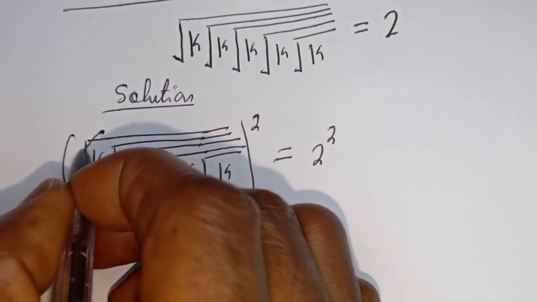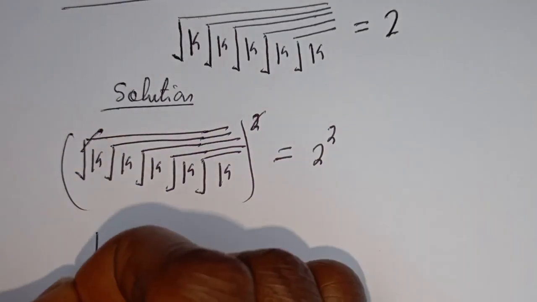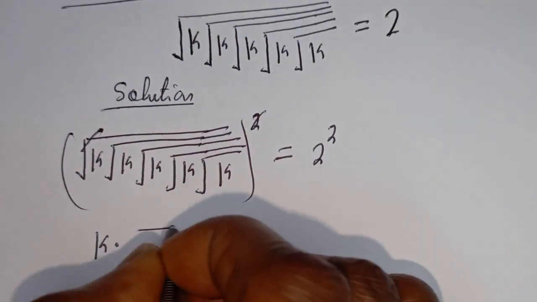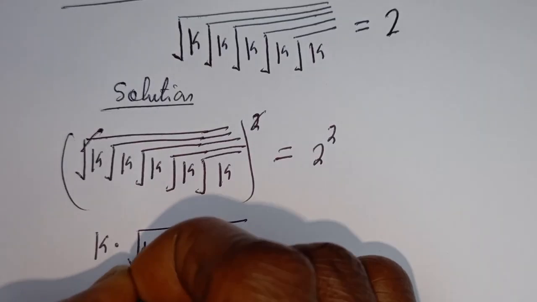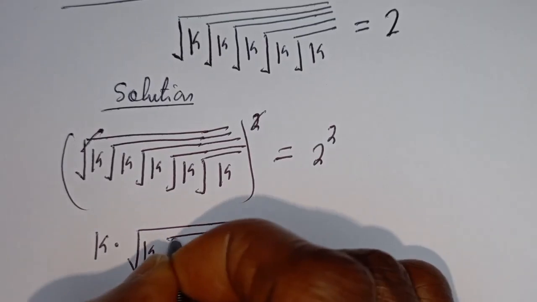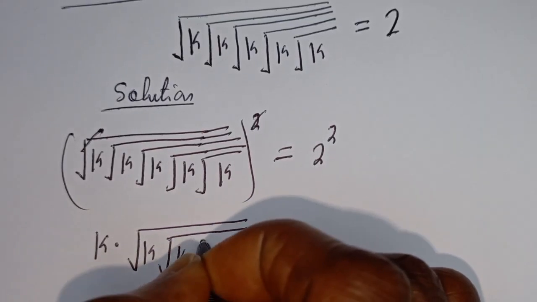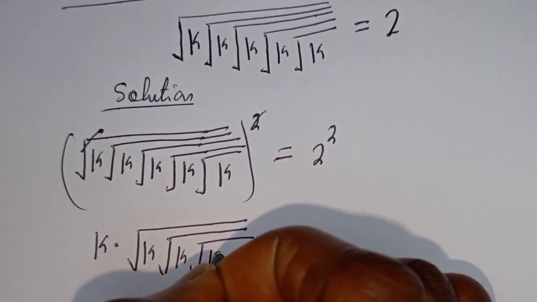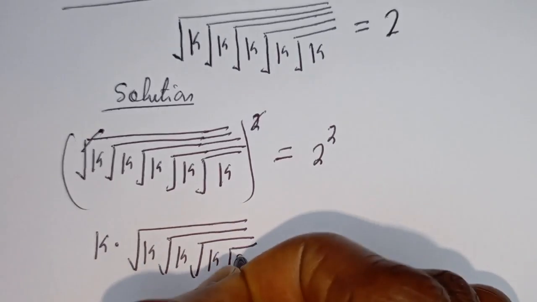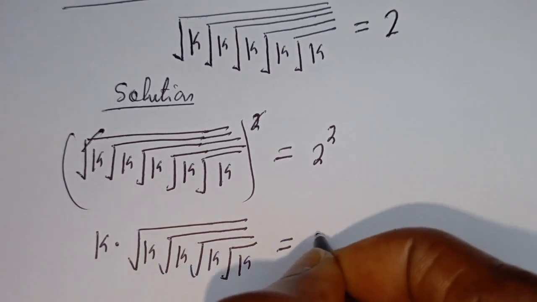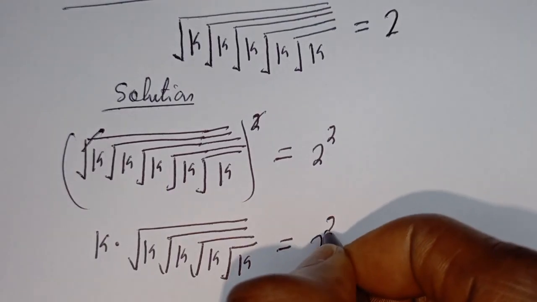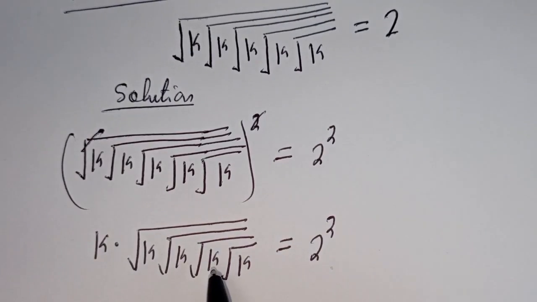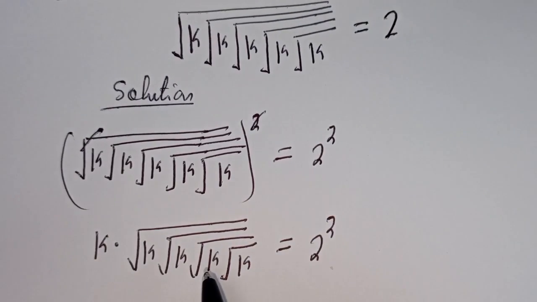Then this, we cancel this. We have k multiplied by the square root of k, times the square root of k, times the square root of k, is equal to 2 squared. Let's square both sides of this equation again.